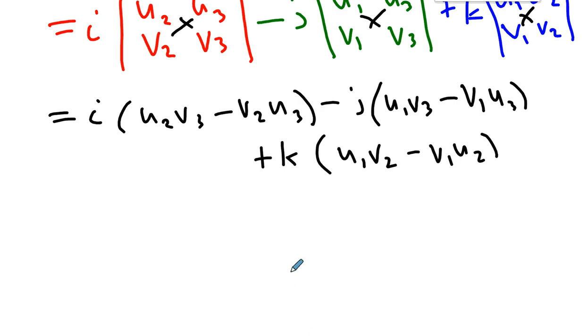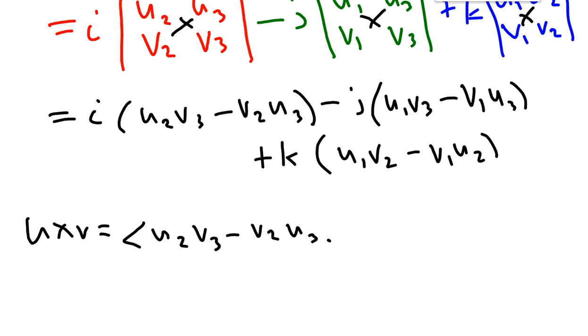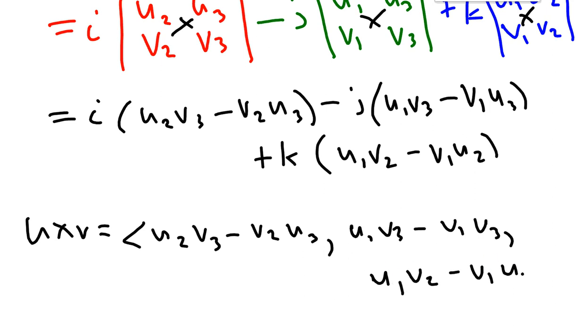And so this thing here is your cross product vector. If you want, you can write u cross v equals, and then write this all out like a vector. So you can see what I'm doing here with its components. And then finally we would have u1, v2 minus v1, u2.